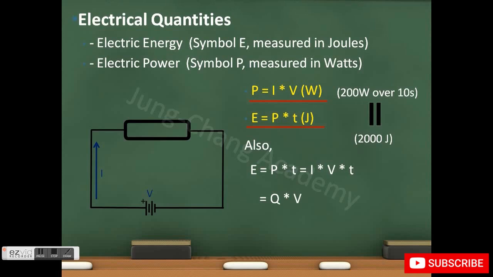Also, since power is calculated as current times voltage, and the product of current and time is the charge, we can calculate the energy consumption by multiplying the charge and the voltage, as shown here. It's just a different way to calculate the energy consumption.